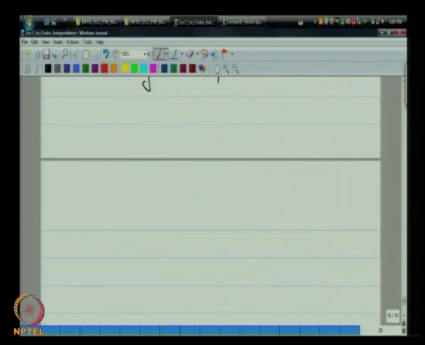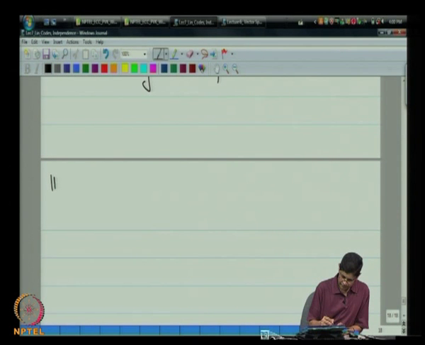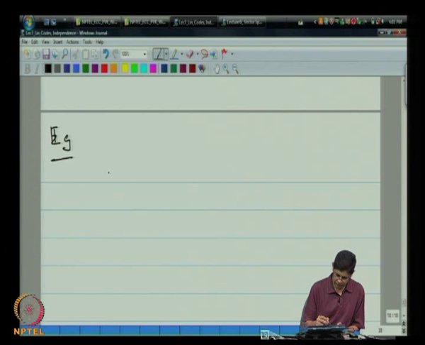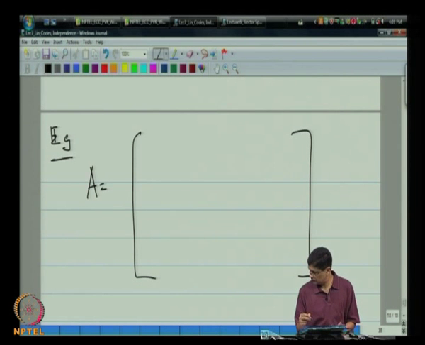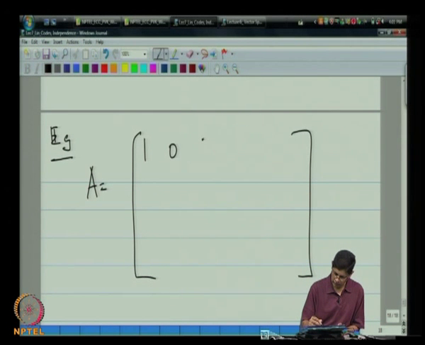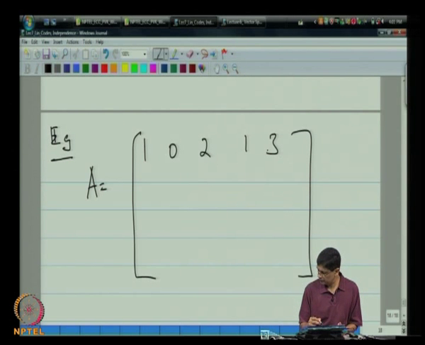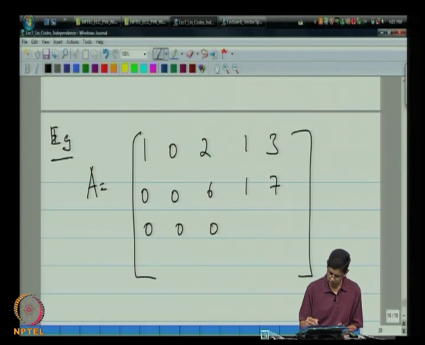Another example of linear independence. Supposing I take a matrix of the form, so let us say we take a matrix of this form.